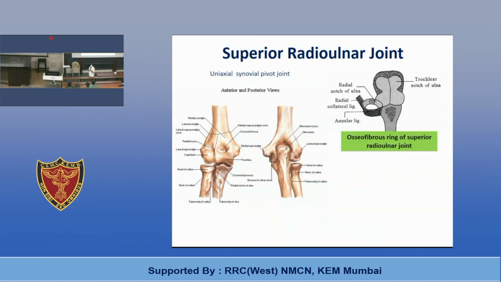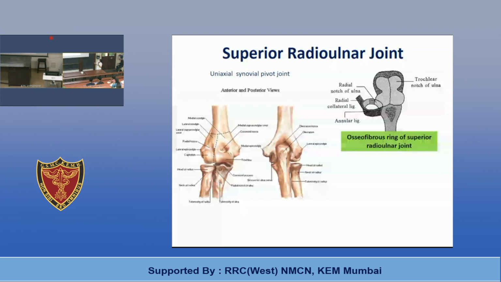So if you see the articulation between these two, the head of radius, which is cup shaped, has a depressed upper surface and a rim of bone surrounding this broadened area at its upper end. Okay, so that constitutes what is called as head of radius. And if you see the other articular surface here, this is the radial notch of the ulna.